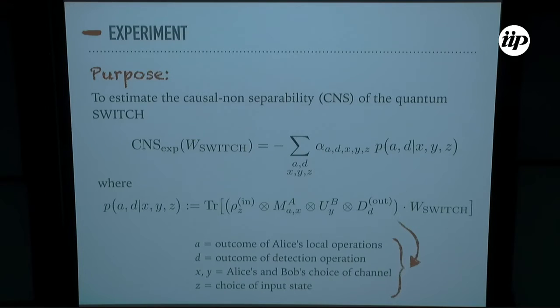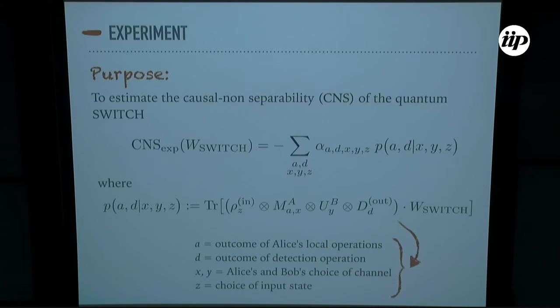Now the fact is, if they would both perform only the unitary operation, they wouldn't get any information out of this operation because, of course, it's a unitary. But if they were performing a measurement operation, then they would get some information. And so this would also be a tool to get information on what is happening inside the quantum switch.